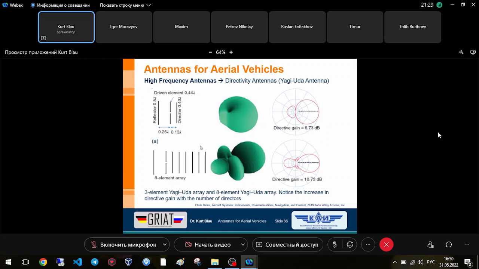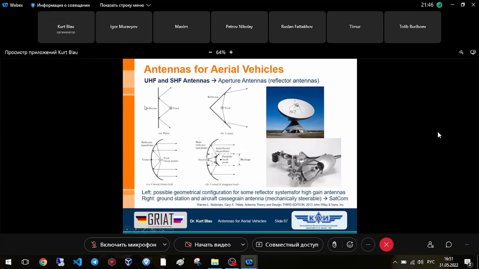And then the main principle to calculate such an antenna is similar, let's say, to the band filter theory. This was another example to increase the gain of an antenna or to concentrate the radiation in a certain direction with very small beam angles.